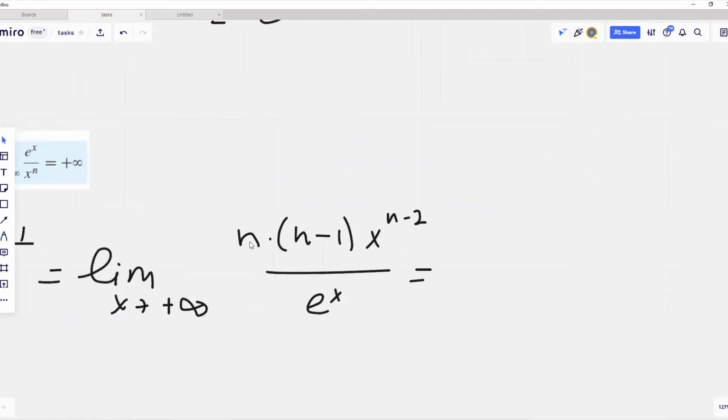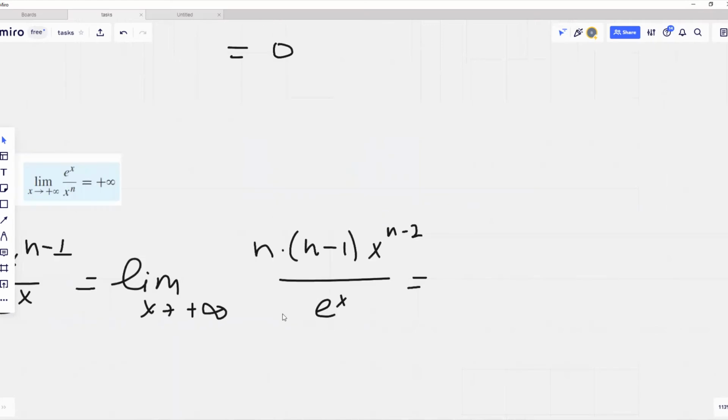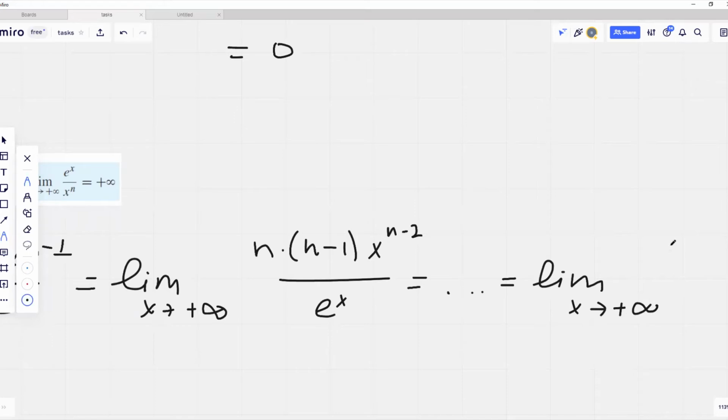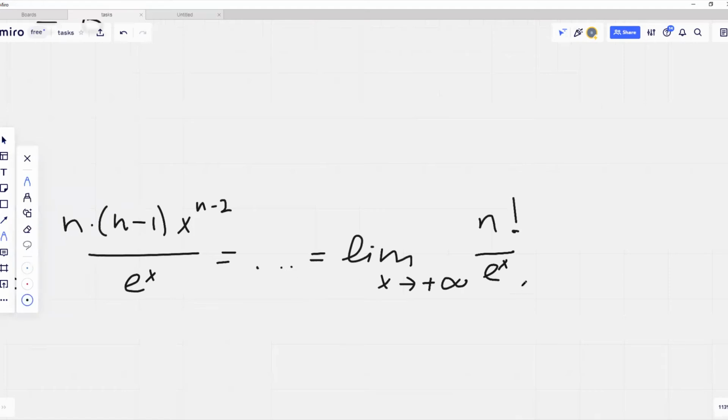Then we can apply L'Hopital's rule one more time, again confirming that this is in indeterminate form of infinity over infinity. We can do that operation n times, and we'll end up with n factorial in the numerator over e to the power of x in the denominator. So that limit is equal to 0.